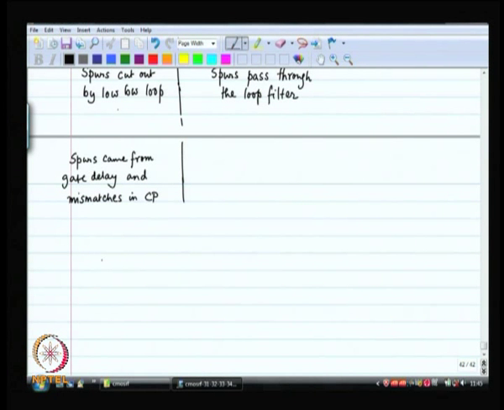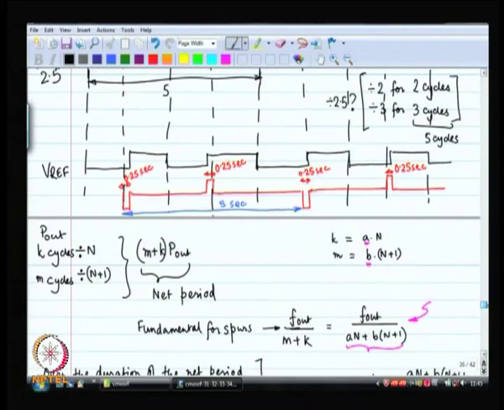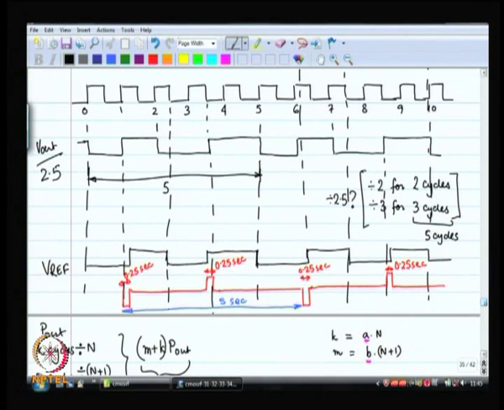Where did the spurs come from in the fractional N synthesizer? Did it come from mismatches? No, it did not come from mismatches. It came systematically. Take a look at that, right. It came systematically. The way I divided my output frequency to compare it with the reference frequency, that very technique introduced equal and opposite up and down pulses of certain durations, remember, right.